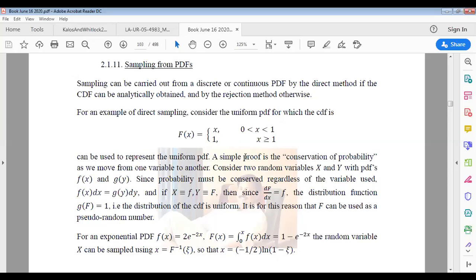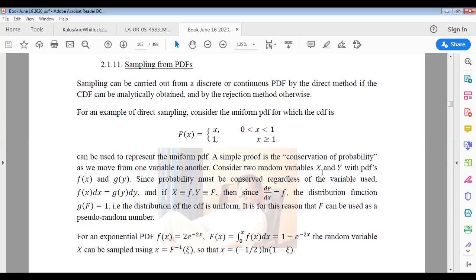Now, a simple proof that we're going to do is conservation of probability as we move from one variable to the other. Let's say that I have 2 random variables, and I'm going to keep an open mind now. I don't know what x is going to be, I don't know what y is going to be. So let me talk in general terms: I'm going to consider 2 random variables, x and y, each with its own PDF.